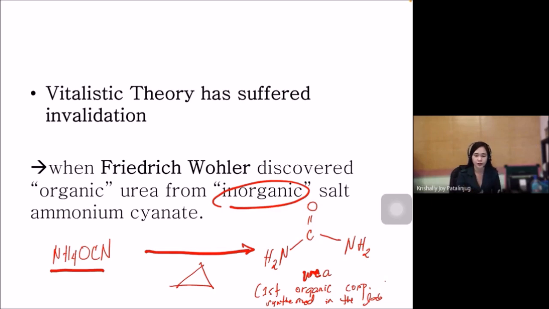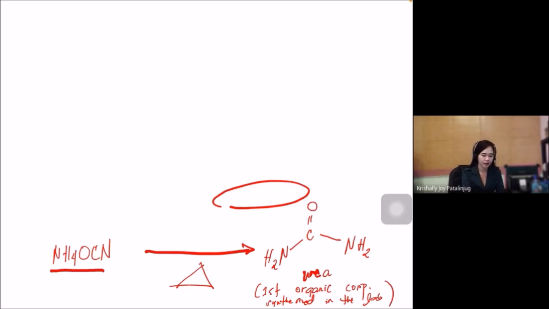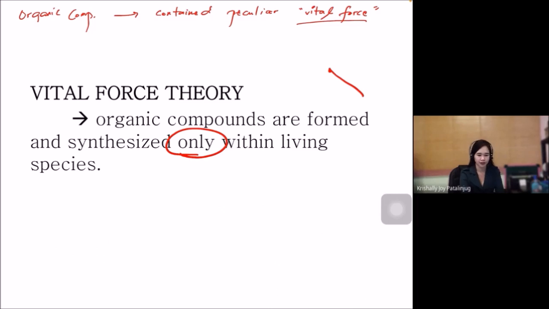So whatever we produce and excrete is organic. But look at what Mr. Wöhler discovered: he was able to convert an inorganic sample into organic urea inside the laboratory. So now, the vitalistic theory is invalidated.